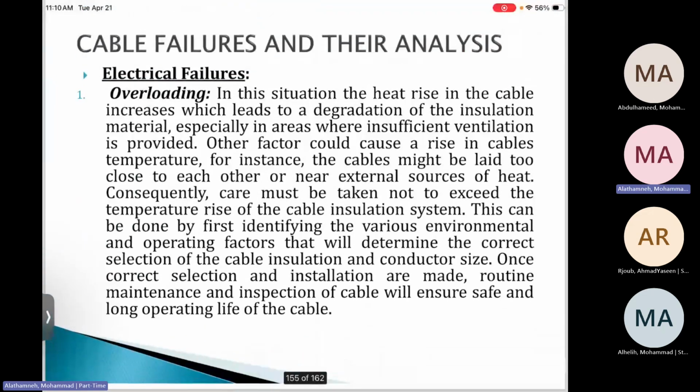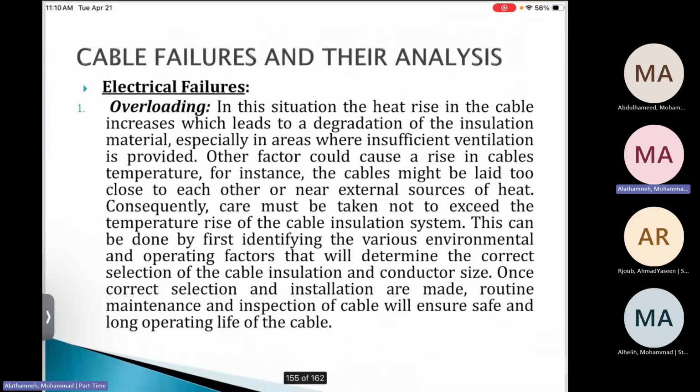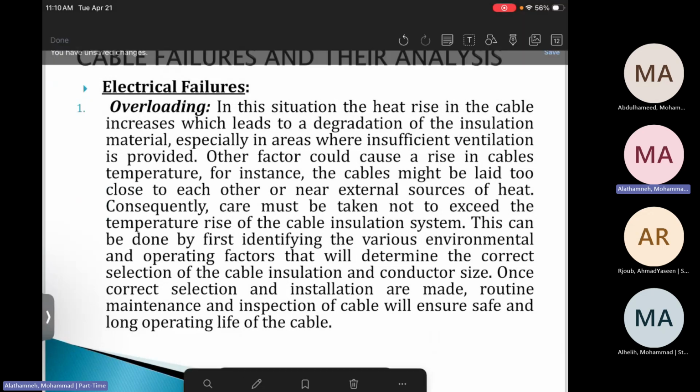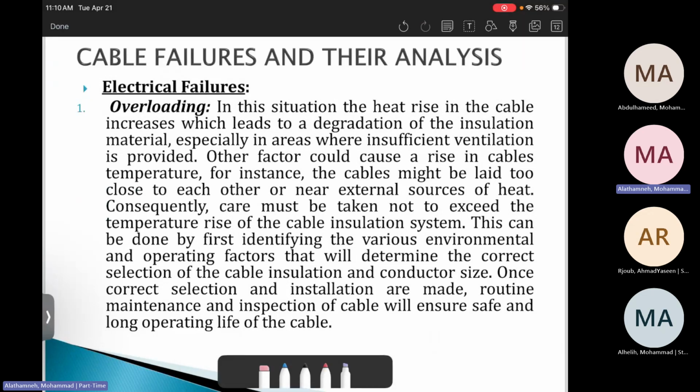Now, let's talk a little bit about electrical failures. Electrical failures can happen because of overloading. If there is heat in the cable, it can increase, which leads to degradation of the insulation, because overload means heat, and that heat can impact the insulation material. Once we raise the temperature in cables, it can be fine for a specific period of time.